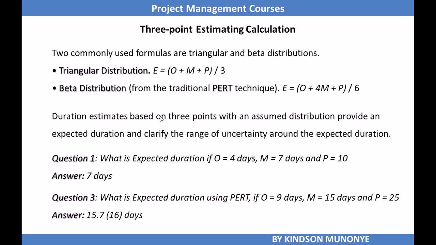Now if we are going to do the same calculation using beta distribution, we have optimistic at 9 days, most likely at 15 days, and pessimistic at 25 days. For me, I got 15.7, and you can round it off to 16 days, although the rounding off you do here will be determined by the schedule management plan, which specifies the units of measure.